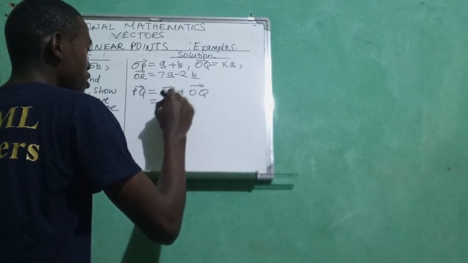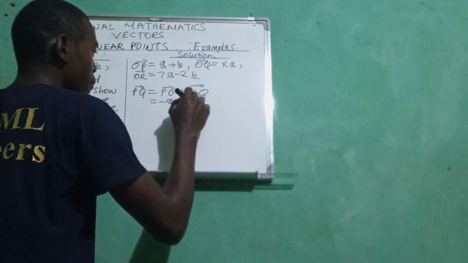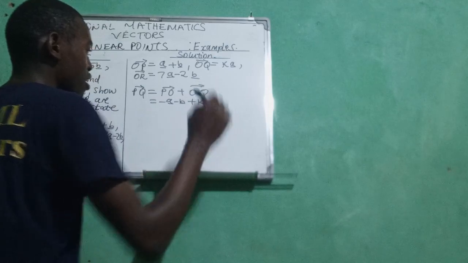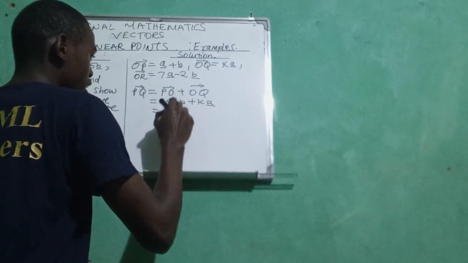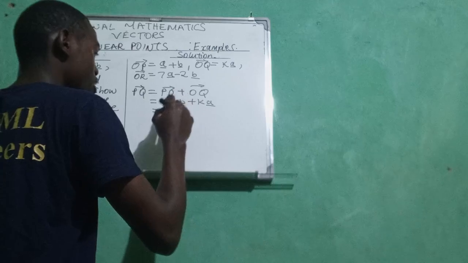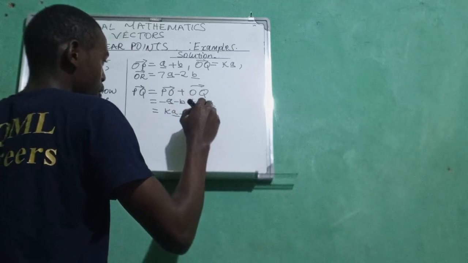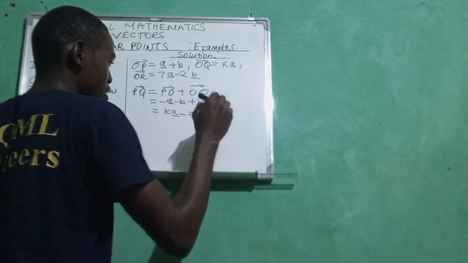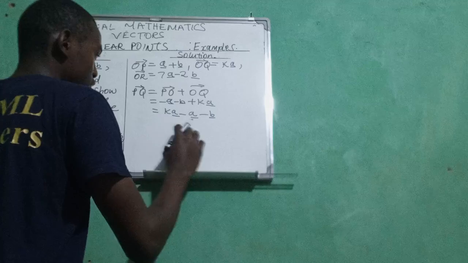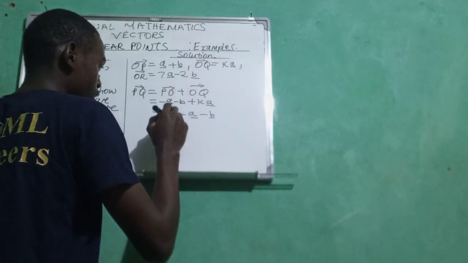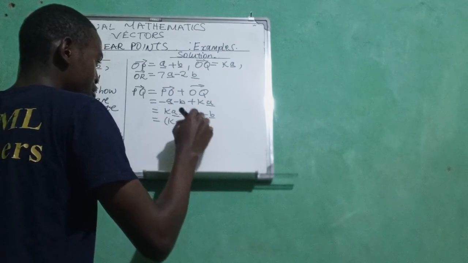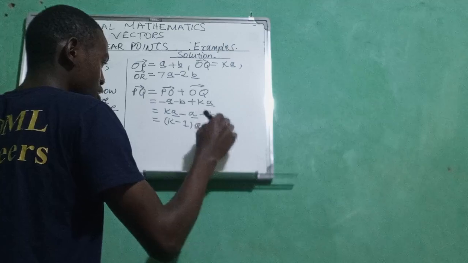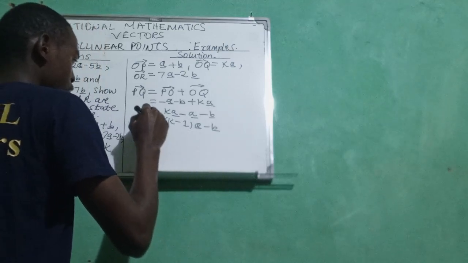PO is minus vector A minus vector B plus K of vector A. Then if we group like terms together, K of vector A minus vector A minus vector B. Then if we factor out the vector A, K minus 1 of vector A minus B. This is our PQ.